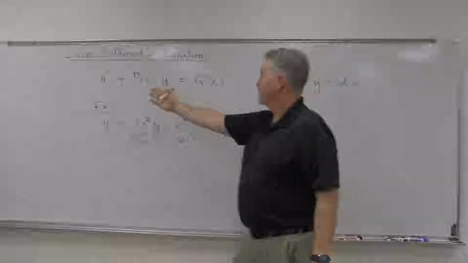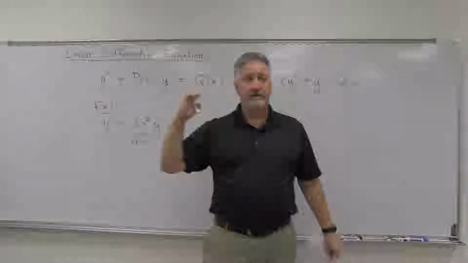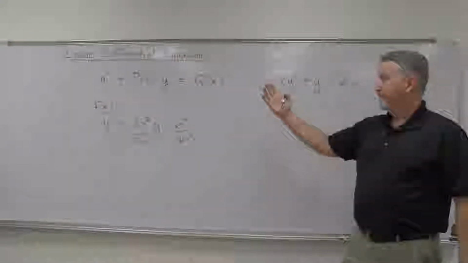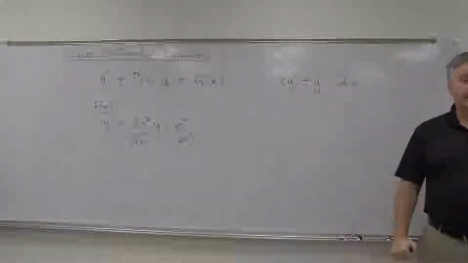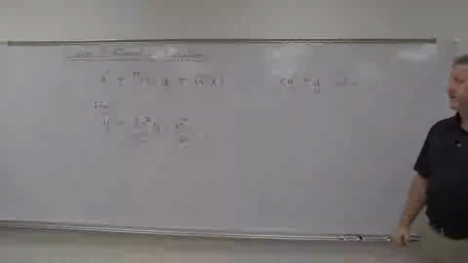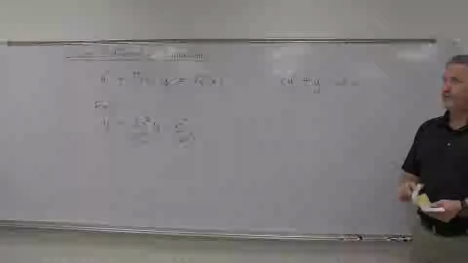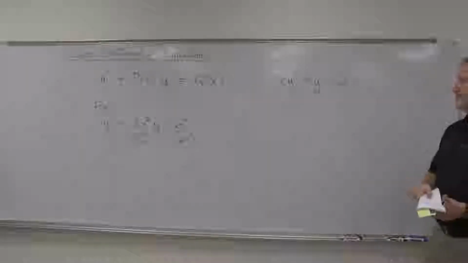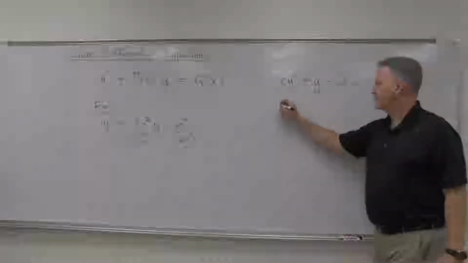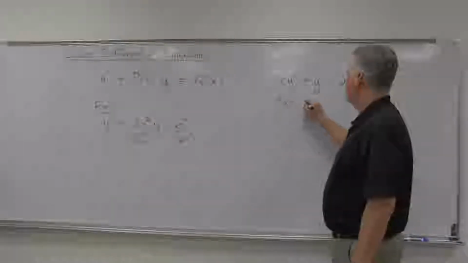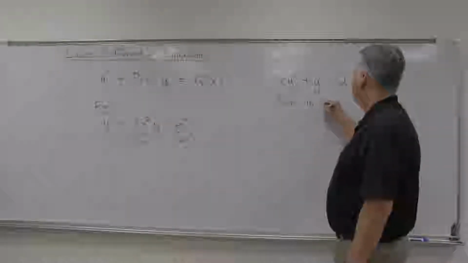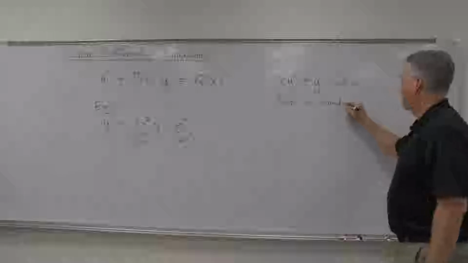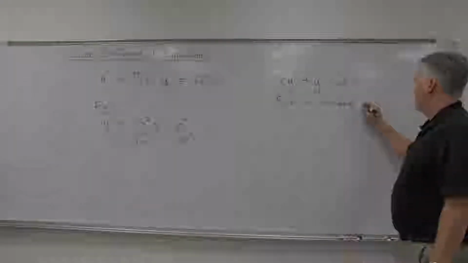To be in the standard form of a linear differential equation, you need that y prime by itself, if you will, or coefficient 1, I guess is a better way to put it. So let's put this in the standard linear differential equation form.